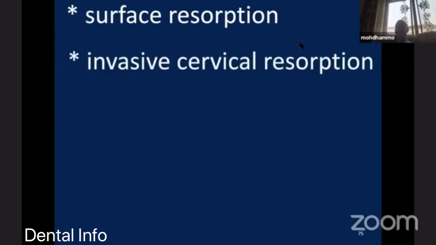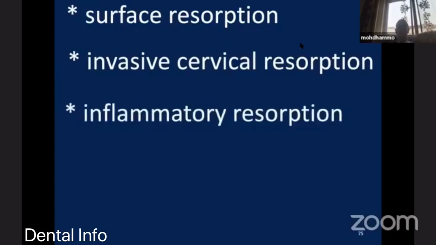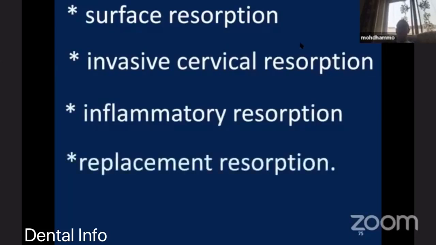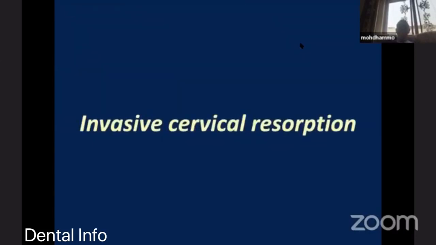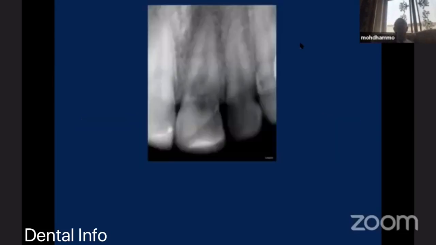Regarding external resorption, we have several types, like surface resorption, invasive cervical resorption, inflammatory resorption, replacement resorption, and ankylosis. So let's see the first type of the external resorption, which is invasive cervical resorption.